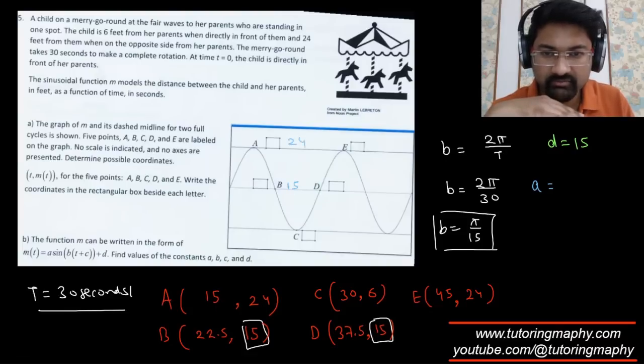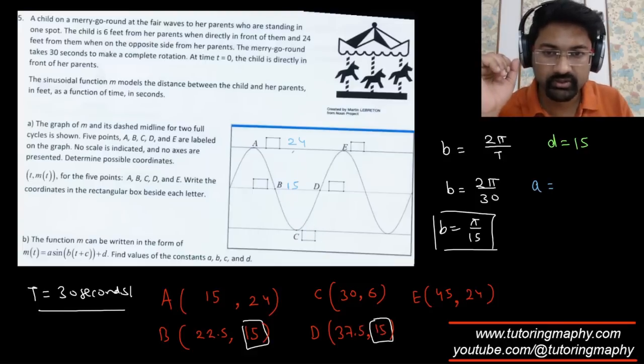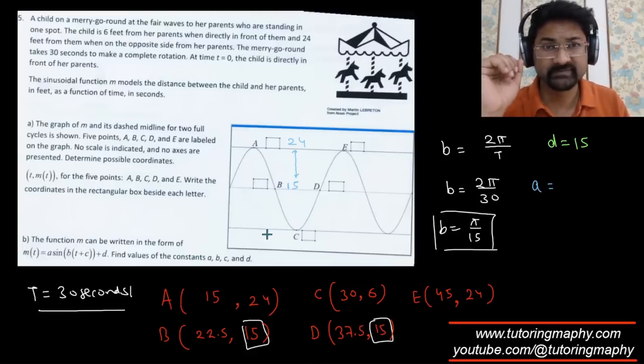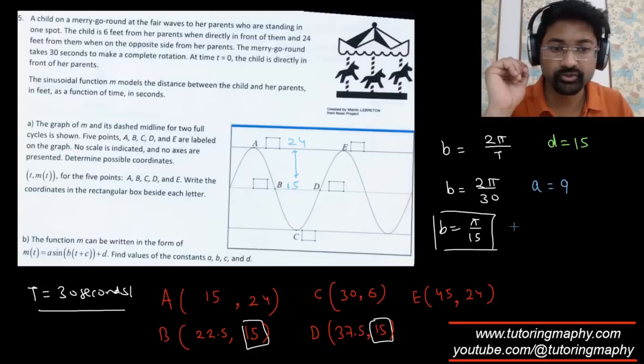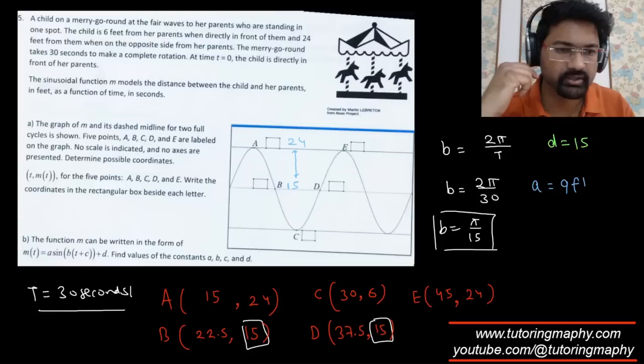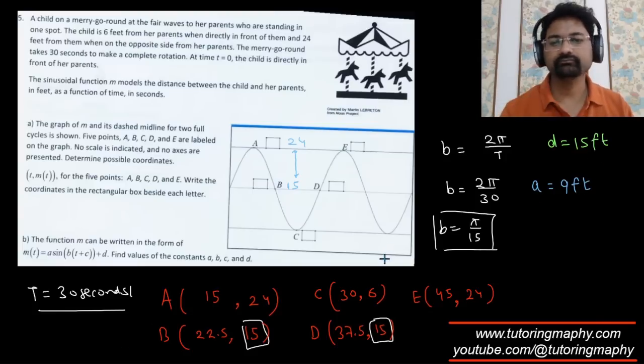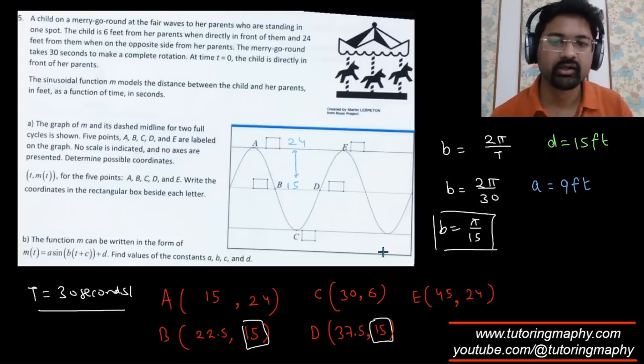And what is the maximum? This is 24. I'm just talking about height right now, I'm not writing time over there. What is the distance between these two? 9. So amplitude is going to be 9. And what is the unit, by the way? We are talking about feet. Everything is in feet. So this is also feet. And I'm now talking about the horizontal shift.